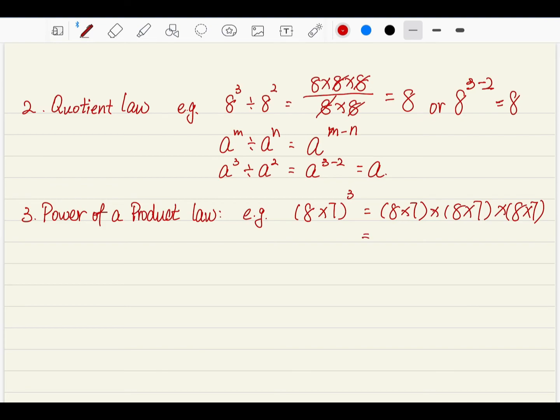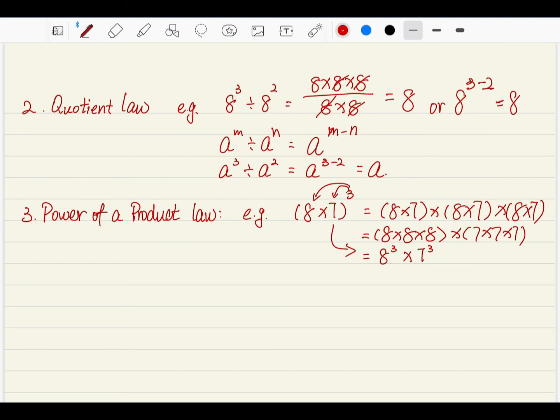Then we can see this is 8 times 8 times 8 times 7 times 7 times 7, and we get 8 to the third power times 7 to the third power. So the exponent is distributed to each number.